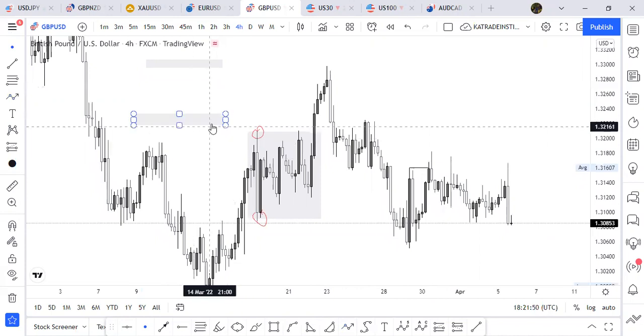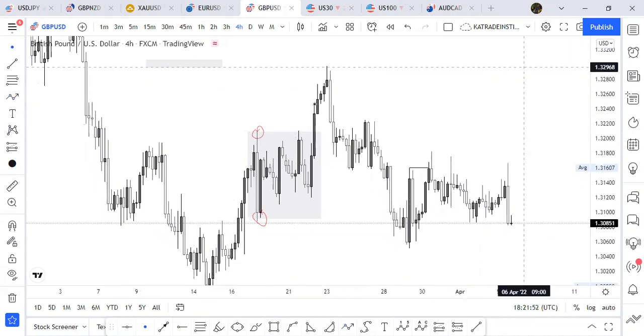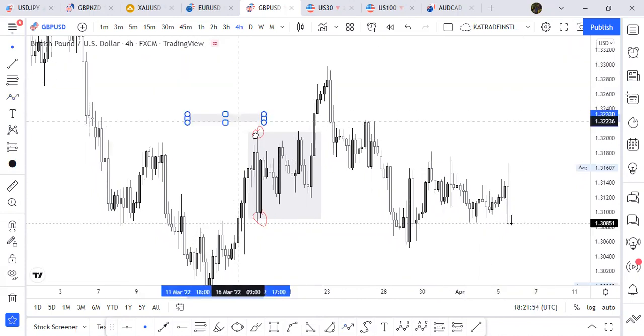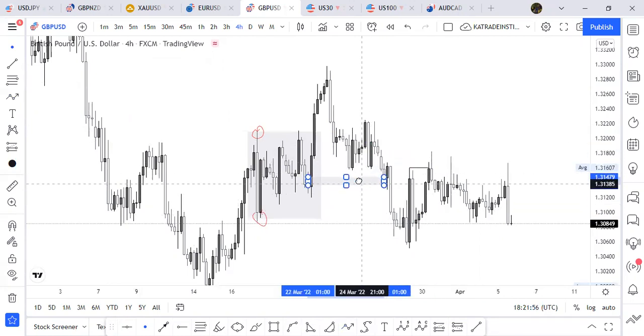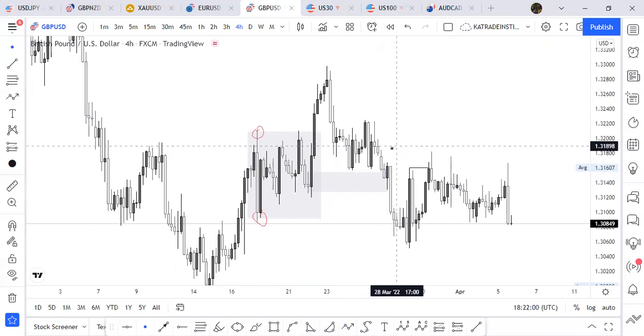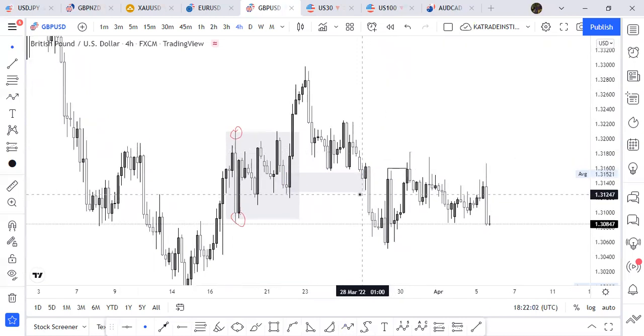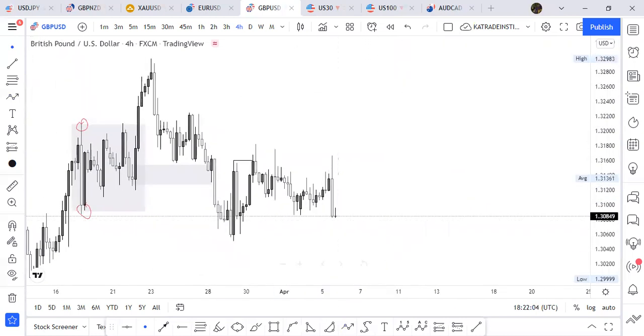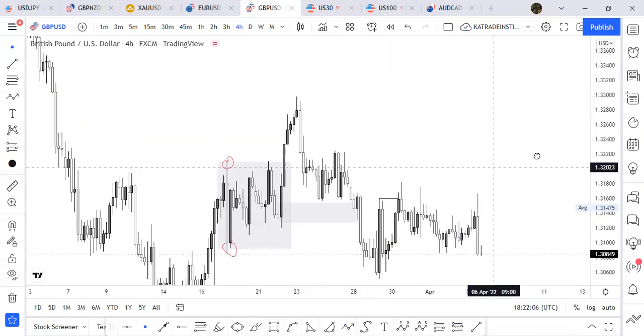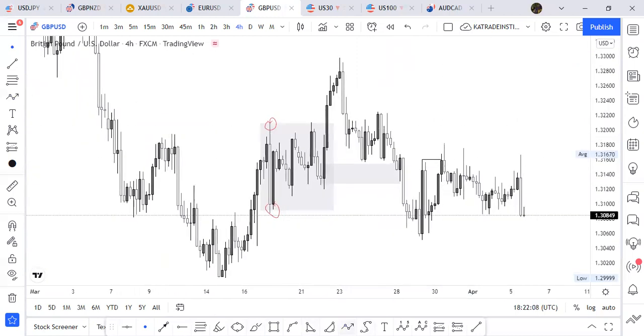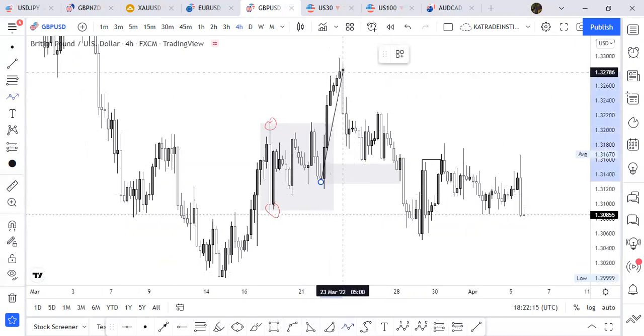But what we do is we try to exercise patience, and you see as soon as we get a breakout, there is a demand here. Later the demand fades. When we break out, we see that this area will serve as a low, and then we have a high.